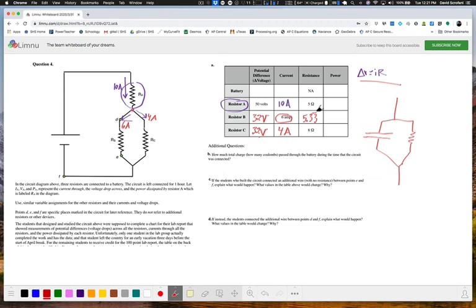And finally, the battery. The battery would be, let's see, for voltages, it's got to be 82 volts. And why?